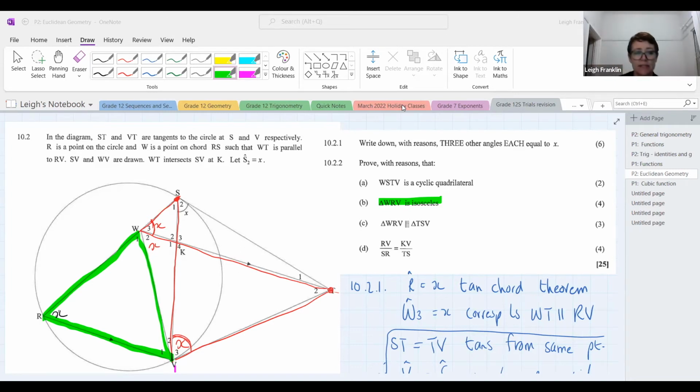Look at what Nina is saying. Nina is saying that W2 is X and that V1 is X and then WRV is isosceles. Quite right. Good. Okay, you are on fire as well. Good job. So Nina, tell us, why is V1 equal to X as well? V1 and W2 are what sort of angles?